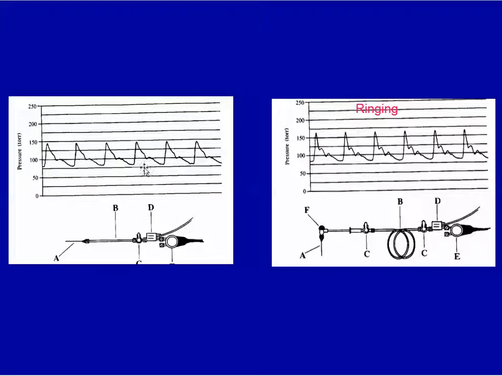Here is an illustration of a fairly good trace without ringing, and conversely a trace with ringing, with elevation of the systolic pressure and depression of the diastolic pressure, and it gives you a clue to some of the causes of this, which are mainly long extensions and multiple transducers.